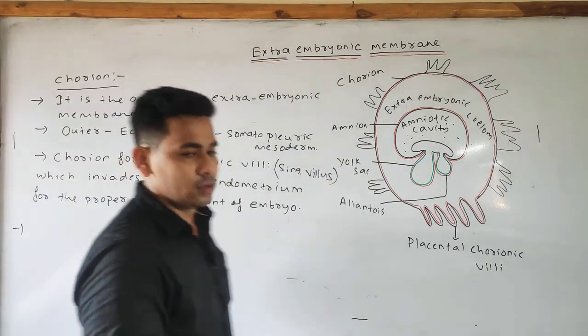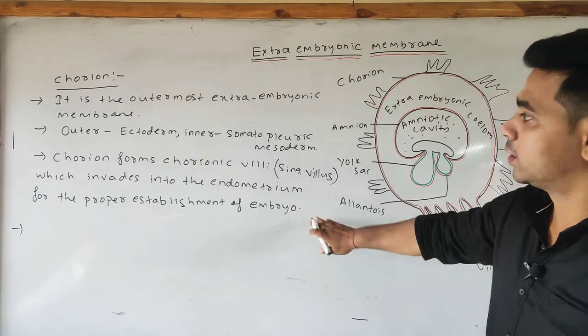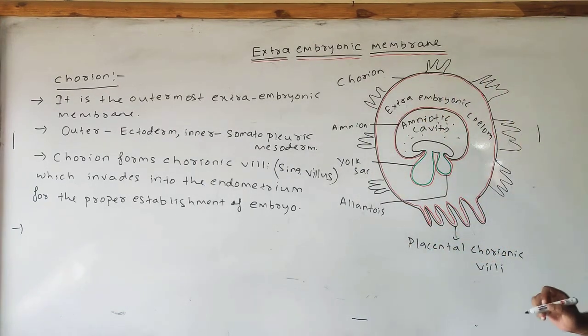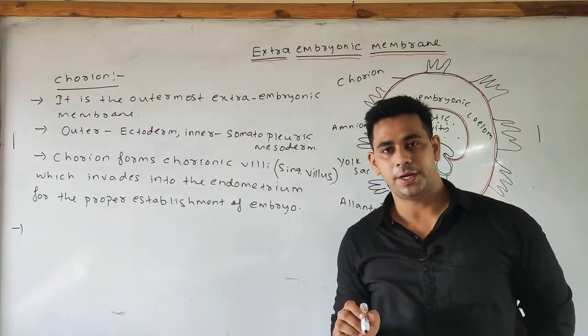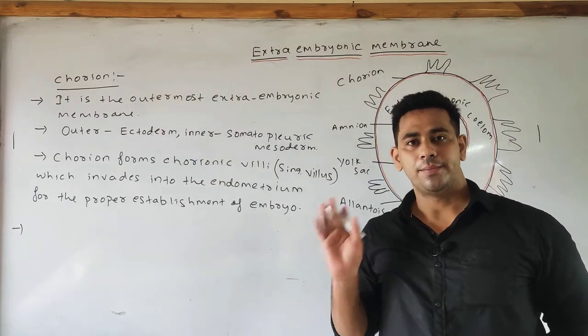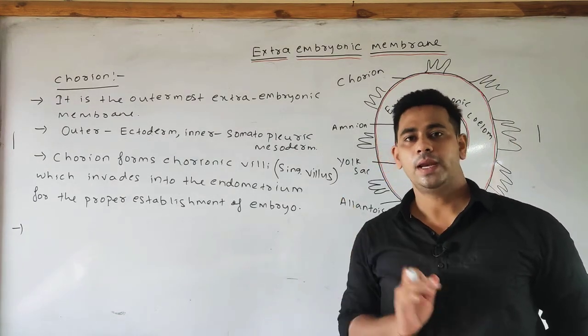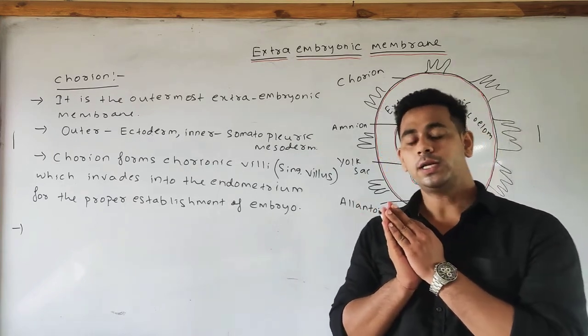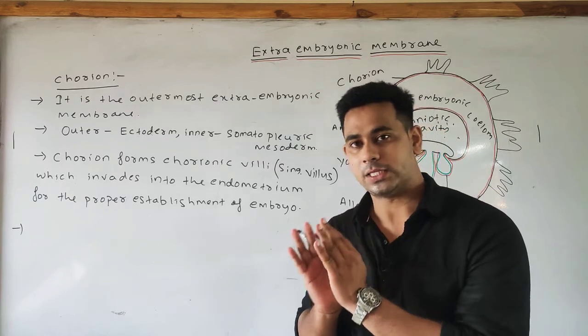Okay, you understood this point? The chorion forms the chorionic villi, okay, which invades into the endometrium so that the embryo can be properly established.